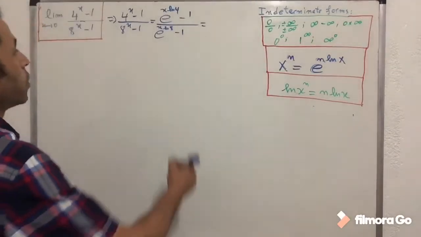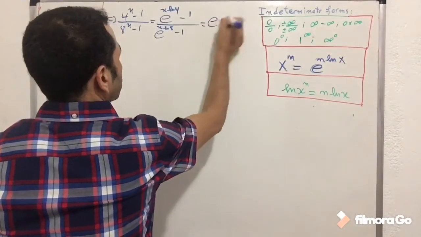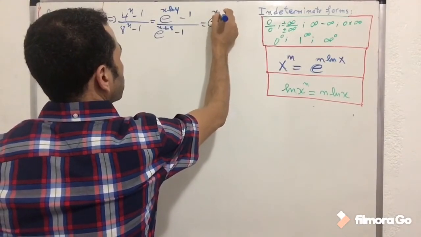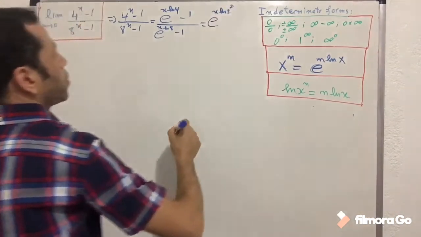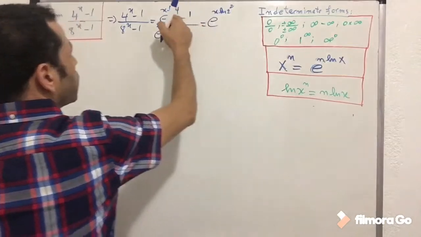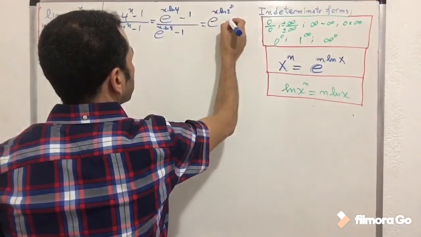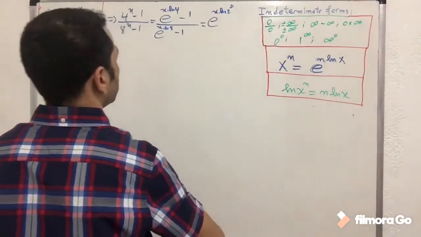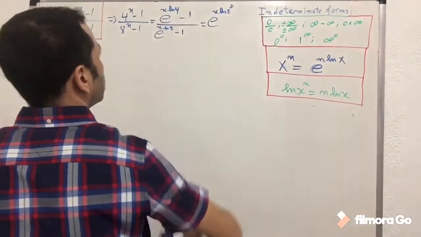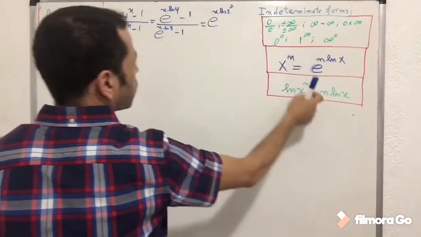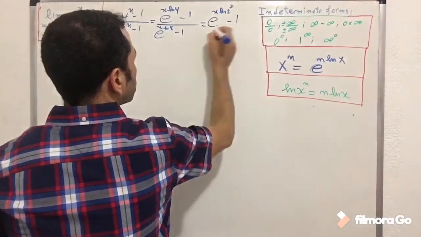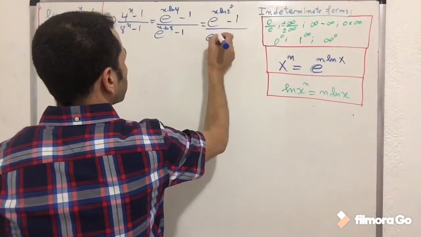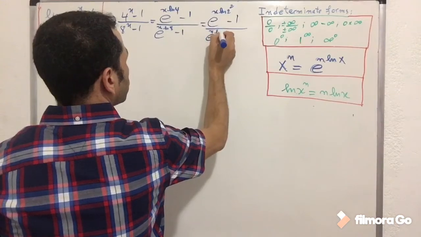So this one equals exponential of x natural log of 2 squared, minus 1, over exponential of x natural log of 2 cubed, minus 1. You can put it this way to make it very clear.